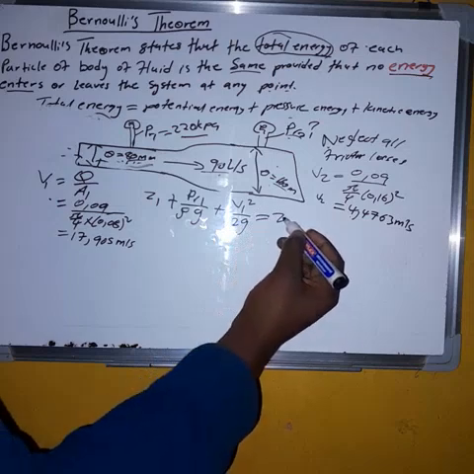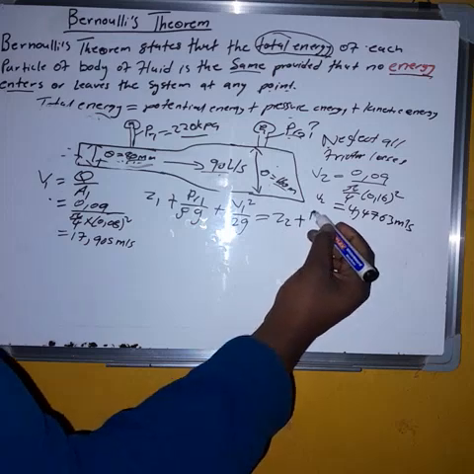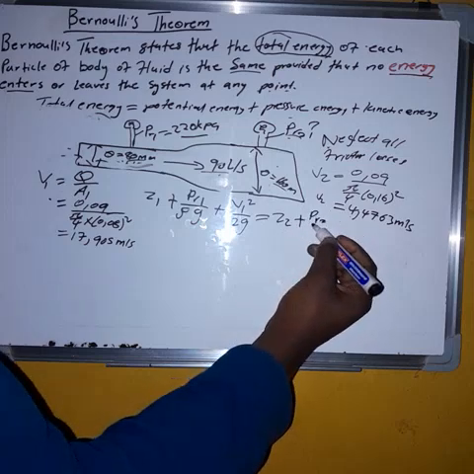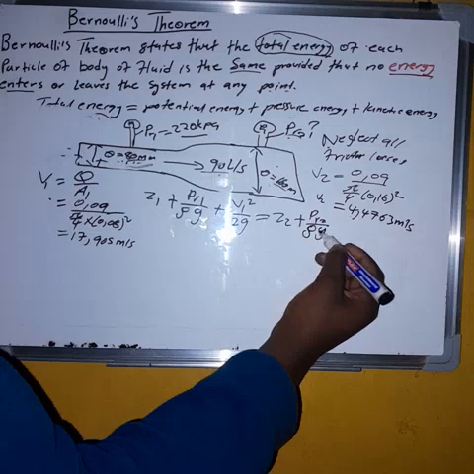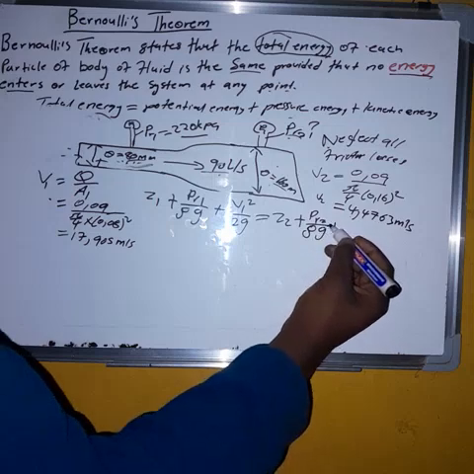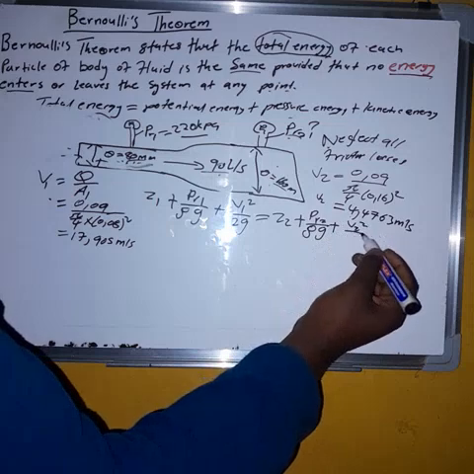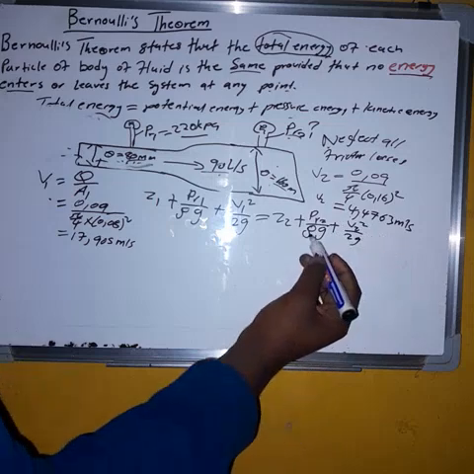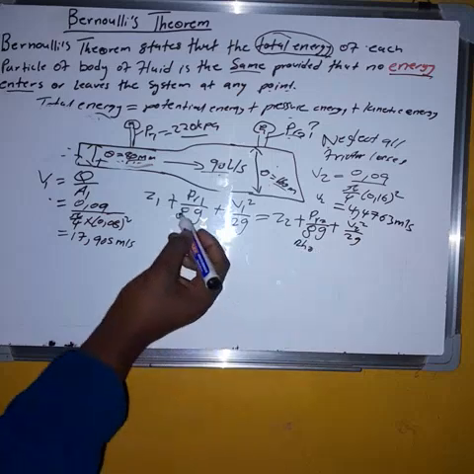the static head Z2 plus PR2 over density multiplied by g plus V2 squared over 2g. This is known as rho, the density.